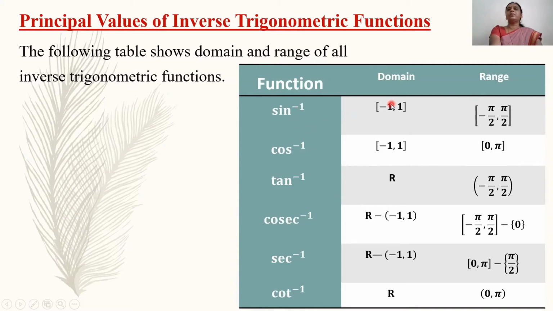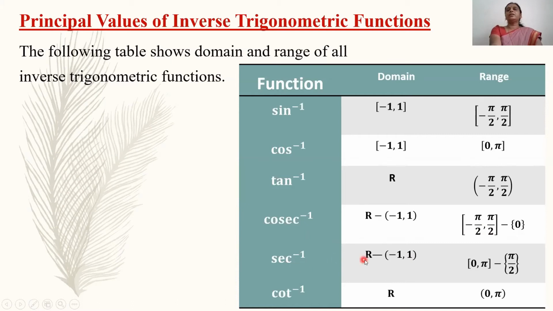Let's see the domain and range of inverse trigonometric functions. For sine inverse, the domain is the closed interval -1 to 1 and the range is the closed interval minus pi by 2 to pi by 2. For cos inverse, the domain is the closed interval -1 to 1 and the range is 0 to pi. For tan inverse, the domain is R, the set of real numbers, and the range is the open interval minus pi by 2 to pi by 2. For cosec inverse, the domain is R minus the open interval -1 to 1 and the range is the closed interval minus pi by 2 to pi by 2 minus 0.